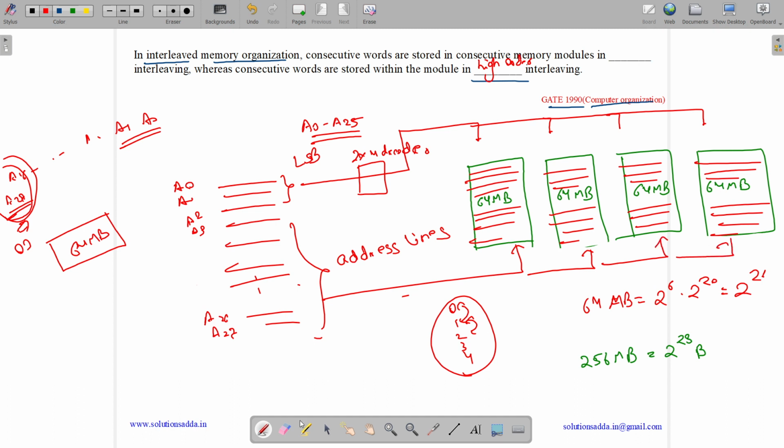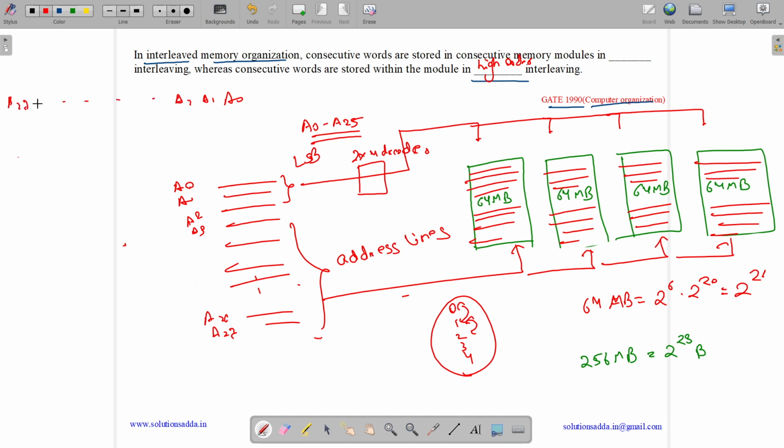So how will addresses work? Suppose we have bits from A0, A1, A2 up to A26, A27. So we are changing these bits, and the chip select bits are fixed for each module. So what addresses will come in the first one? It will have 00 for these bits and all the others will change, which means addresses like 0, 4, 8, 12 will come over here.